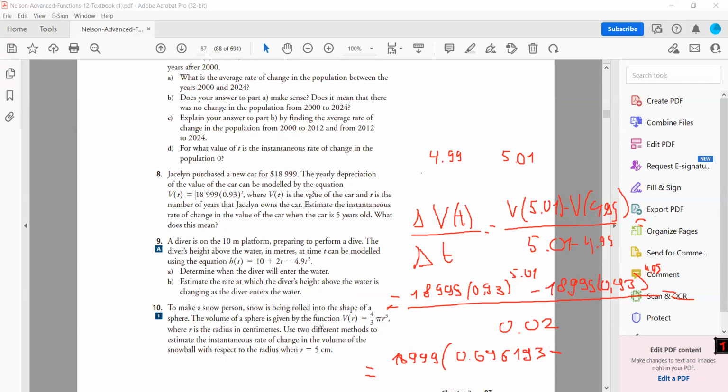Subtract 0.93 to the power of 5.01, and it's going to be 0.69513, divided by 0.02. So let me use the calculator to be exact in these calculations. We don't want to make a silly mistake.